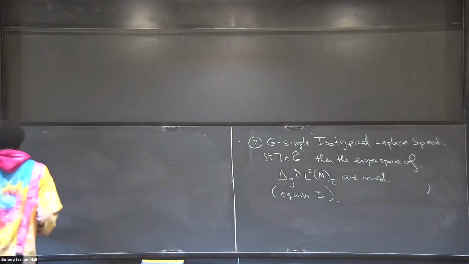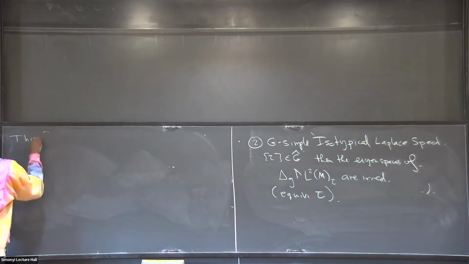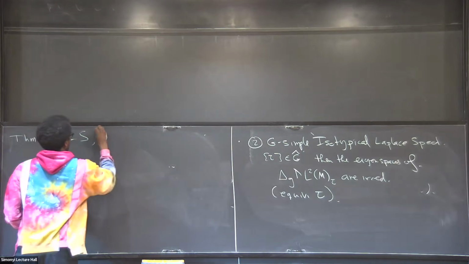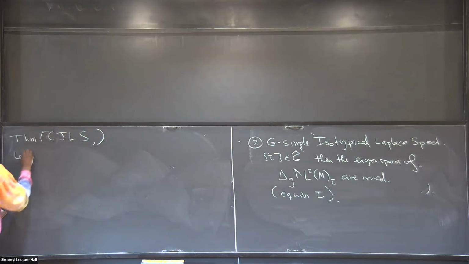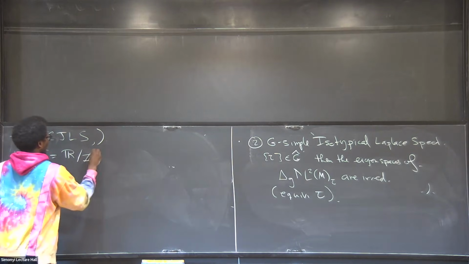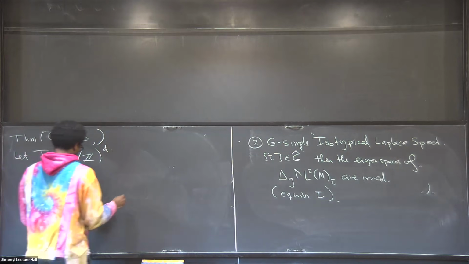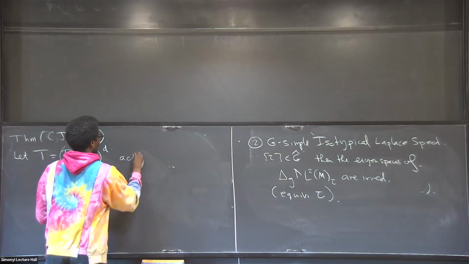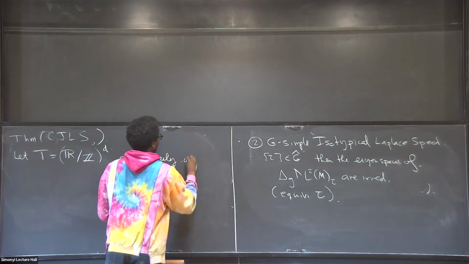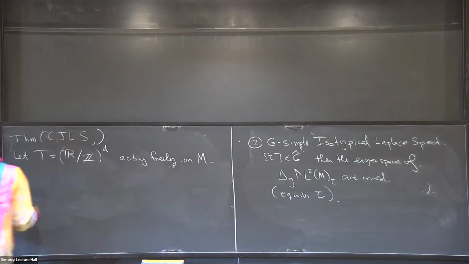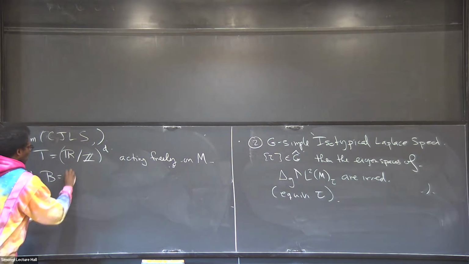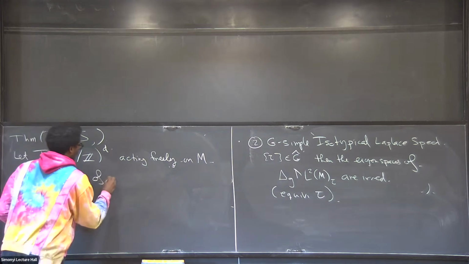All right, so here's the theorem. Let T be a torus of dimension D, acting freely on M, with the quotient space of dimension at least 1.